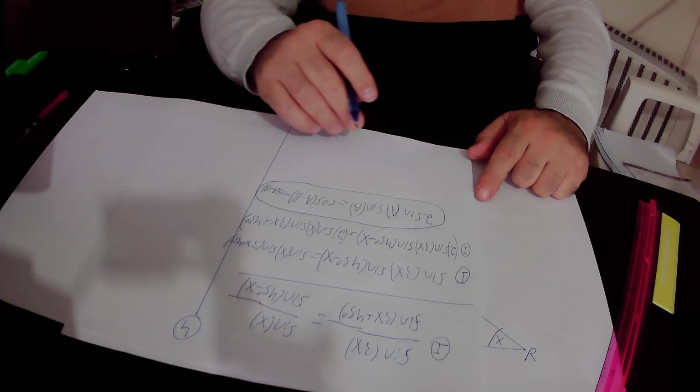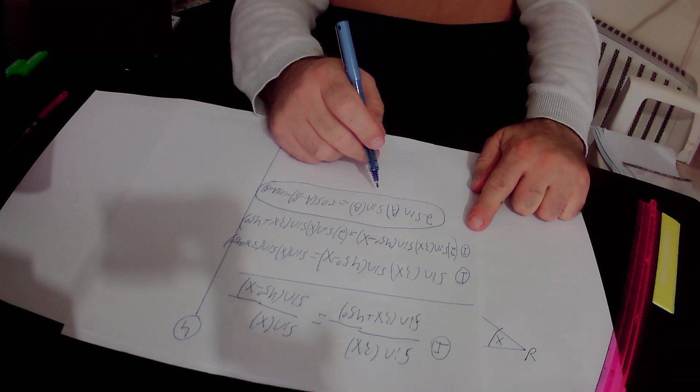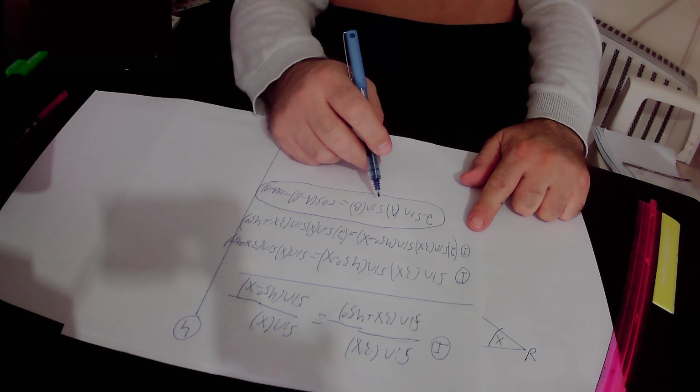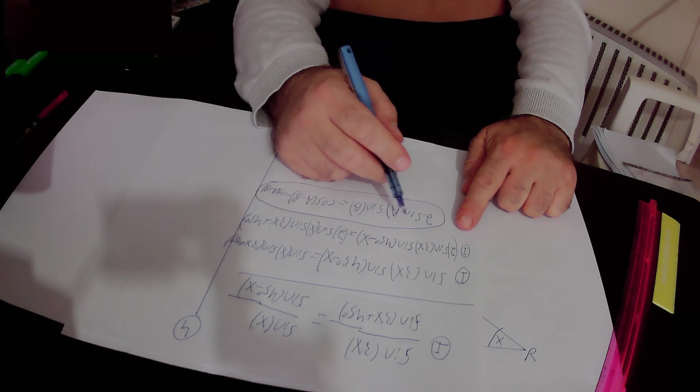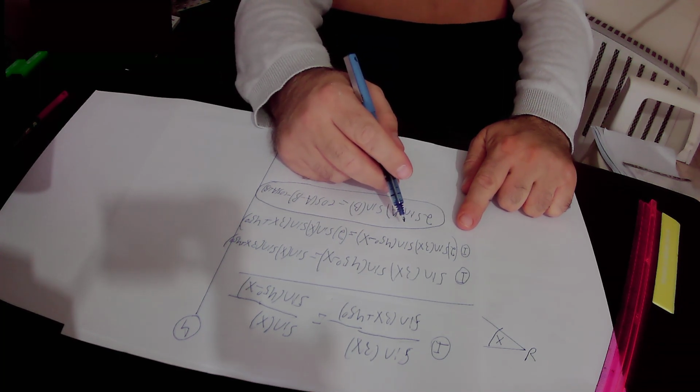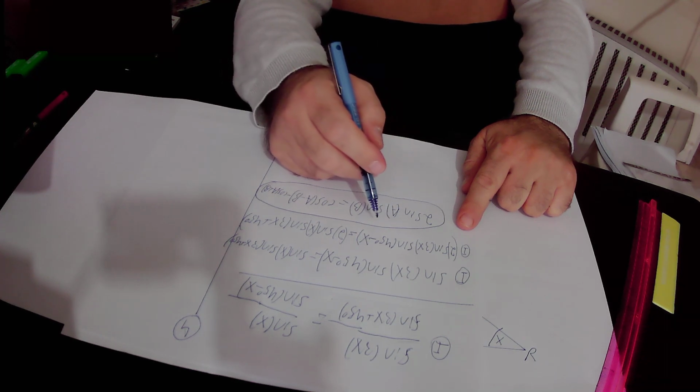So here in our equation number 1, in the left side of equation number 1 we have 2 sine 3x sine (45 degrees minus x).